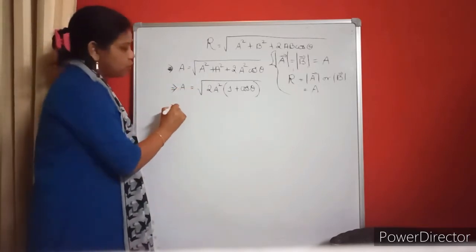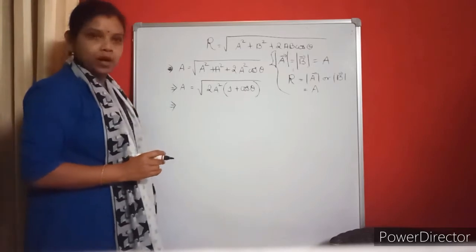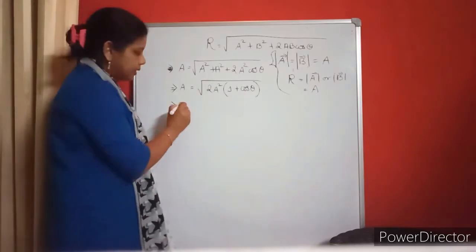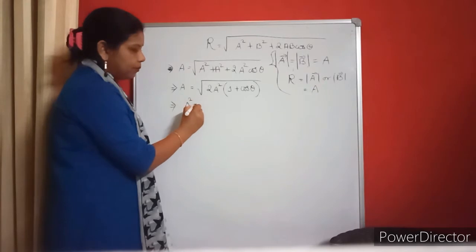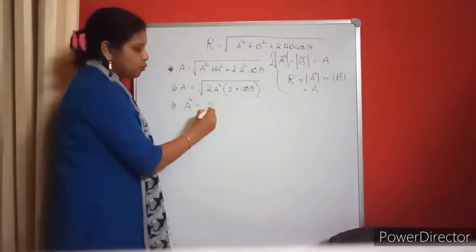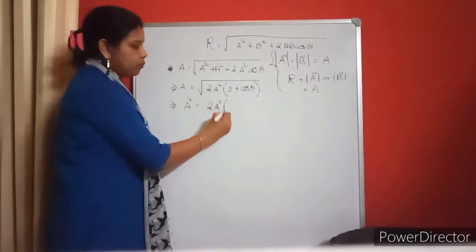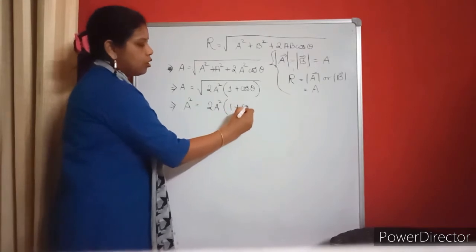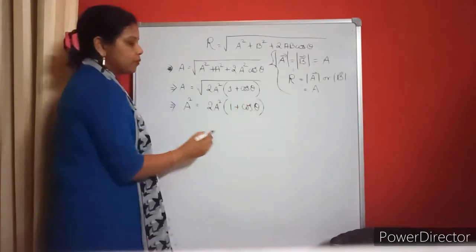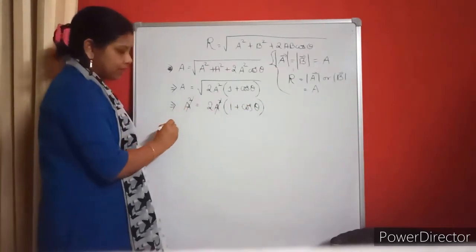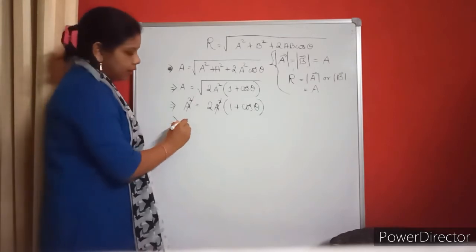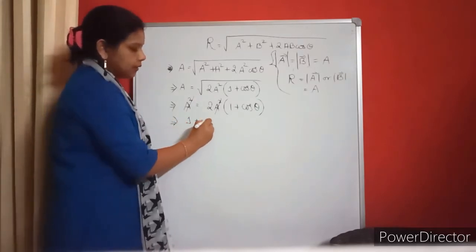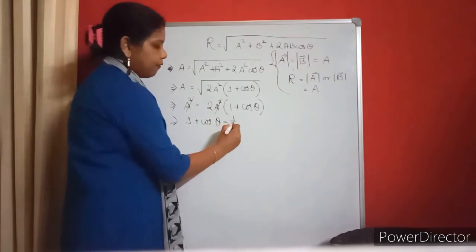If I square both sides, what will happen? A square will be there, then this part will become twice of A square within bracket 1 plus cos of theta. A square will cancel out. So I can write 1 plus cos theta is equal to half.